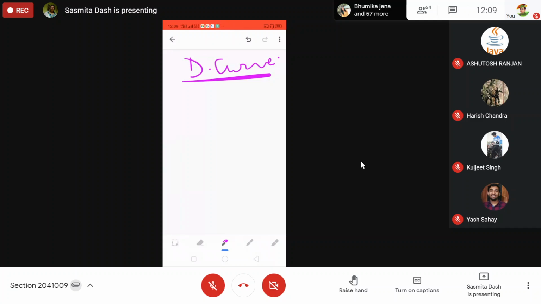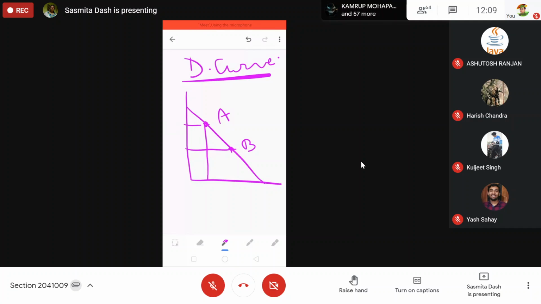Very good. Any point on the demand curve shows a particular price and a particular quantity demanded. Whether it is point A, B, or C, any point shows a particular price-quantity combination. When the price is P1, the quantity is Q1.